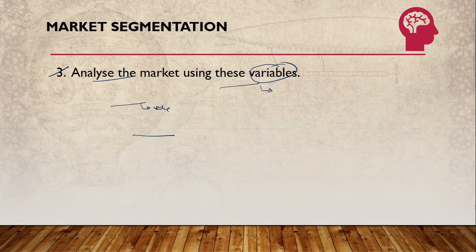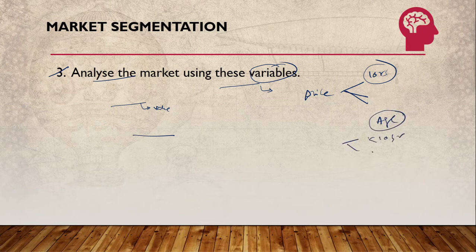Let us say you are selling the soap at 10 rupees. How many different products are there in the market selling at 10 rupees? Likewise, if you take the age of the customer, how many people are there under 10 years of age, in between 10 to 20 years? So this is also another variable. So you have to analyze the market using these variables.